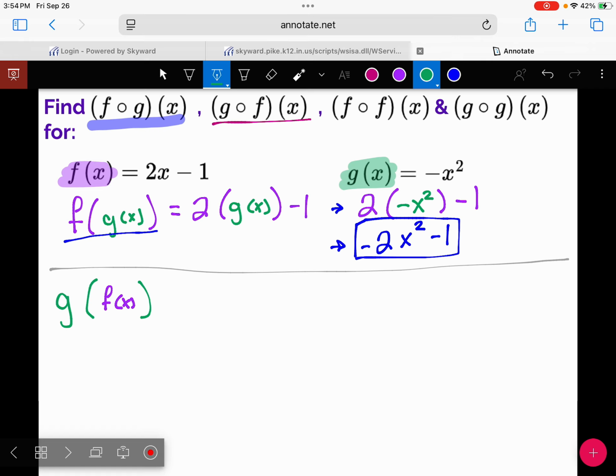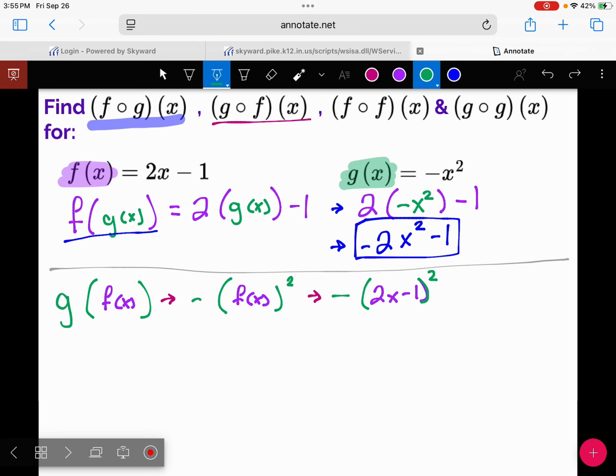So that means this is going to become the opposite of my f of x squared, which is going to become the opposite of my 2x minus 1 squared.